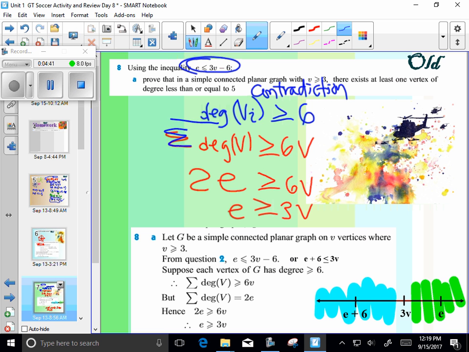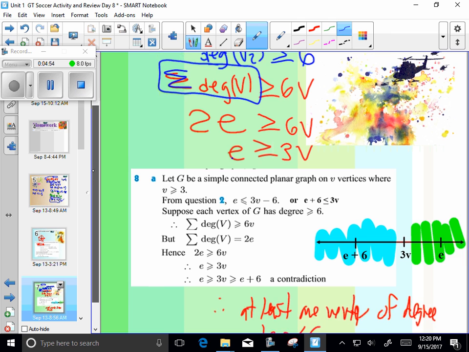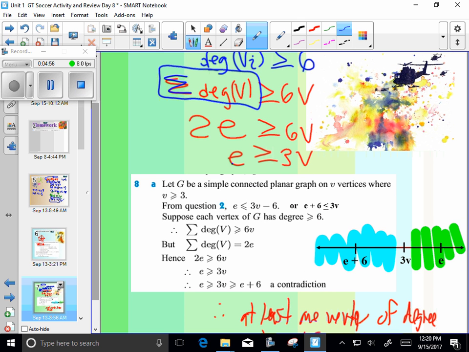And then what is the sum of the degrees of all the vertices the same as, again? 2e. 2e is greater than or equal to 6v. So e is greater than or equal to 3v. So then what I did is I said, we proved that e is greater than or equal to 3v. So the e's are out here, greater than or equal to 3v. Are you okay with that on a number line?